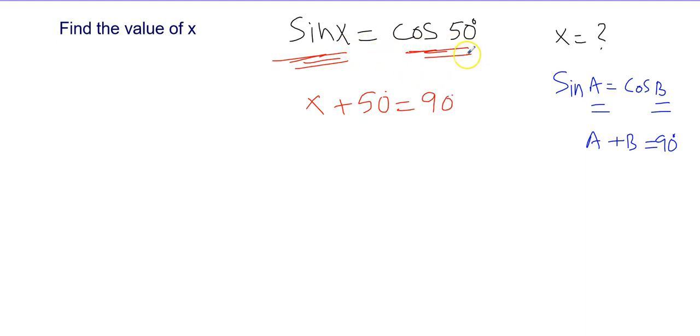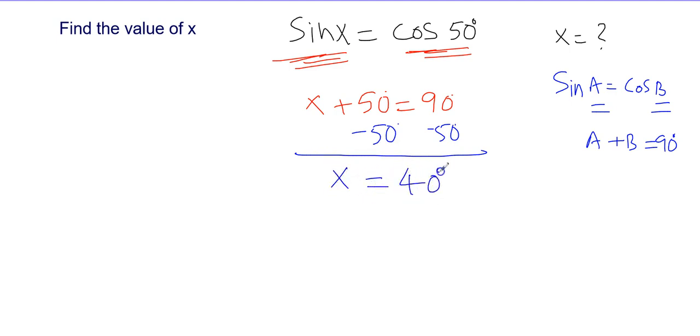So from this, solve for x by subtracting 50 degrees on both sides. So you are left with x is equal to 40 degrees. That is your answer. So whenever you have something like sine x is equal to cosine 50, just go ahead and add those two angles and equate it to 90 degrees, because they are complementary angles. Their total has to be 90 degrees.